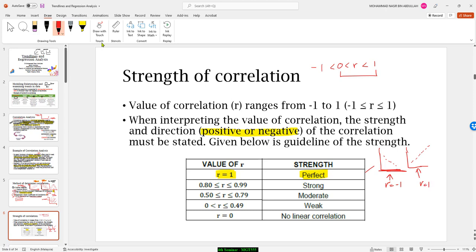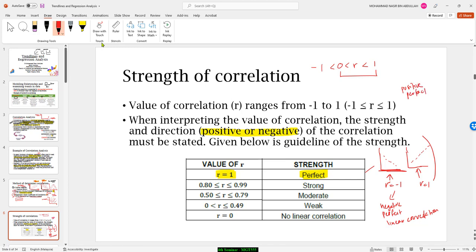So -1 maksudnya dia still perfect correlation, but it's a negative perfect linear correlation. So this is a negative perfect linear correlation, right?